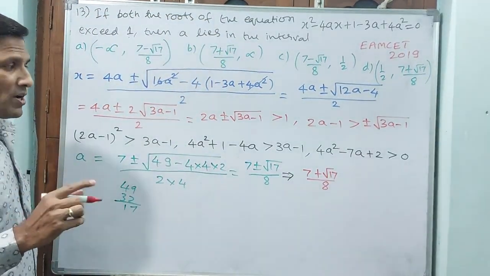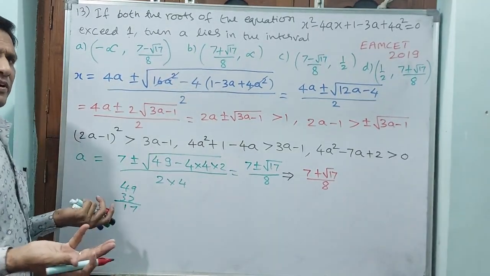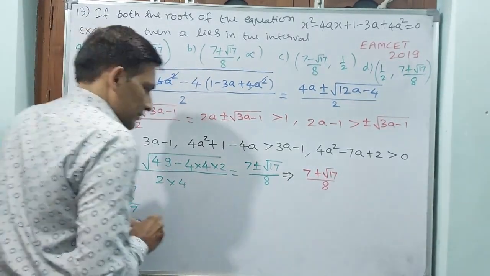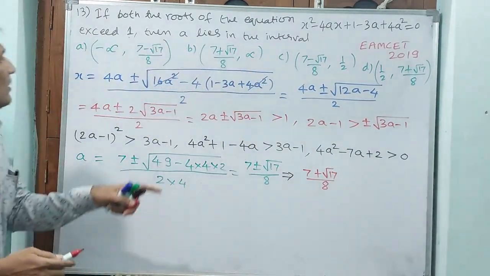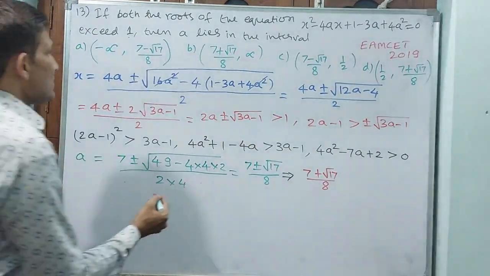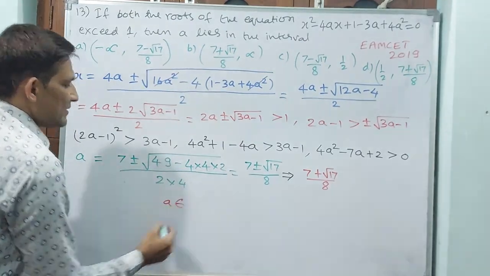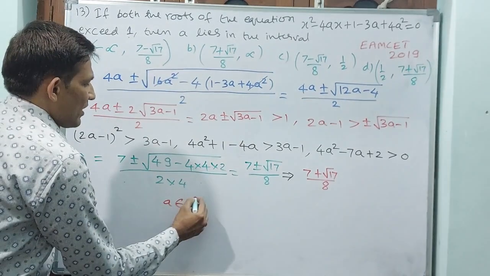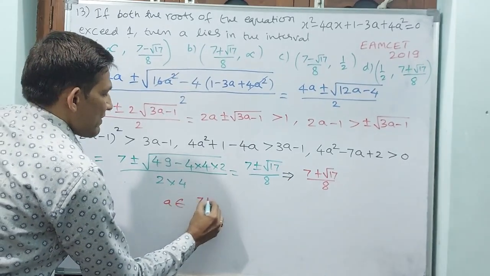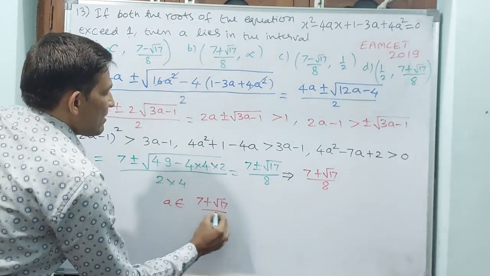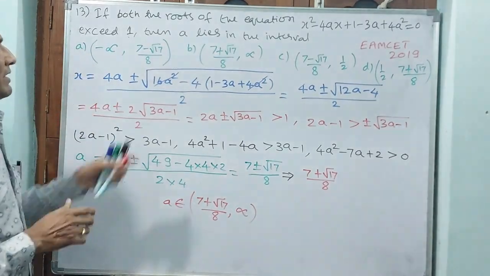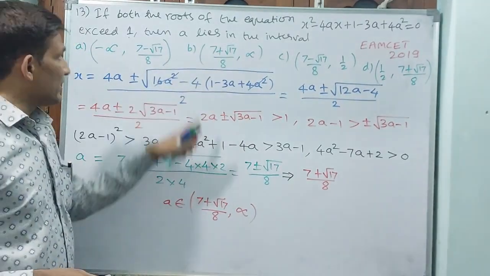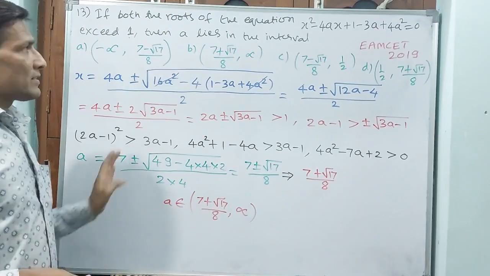This is positive, then automatically the upper limit will be plus infinity. This is one answer. That means a belongs to the open interval 7 plus root 17 by 8 up to infinity. So B will be the answer for this question.